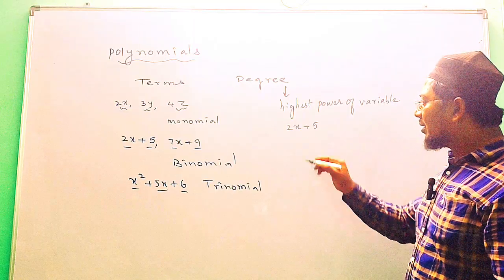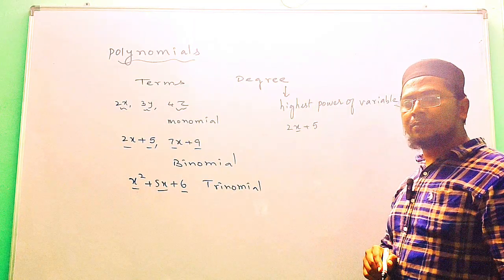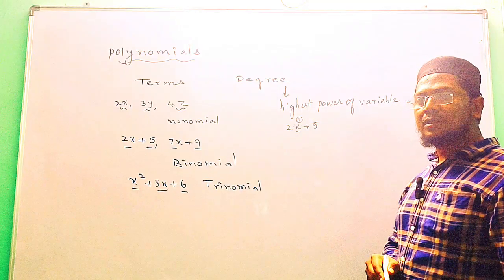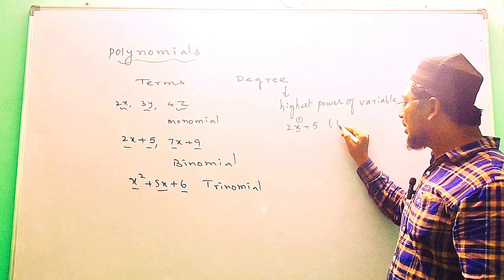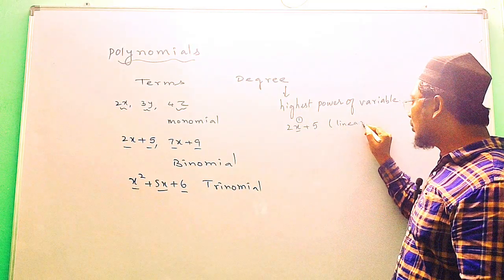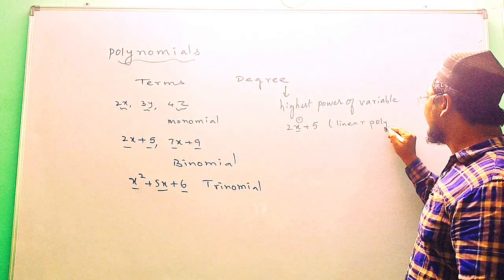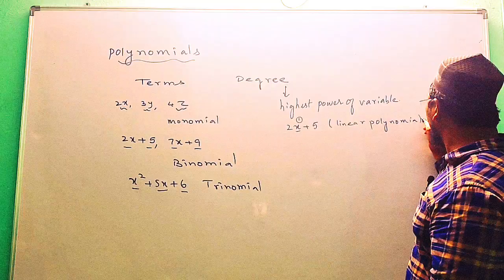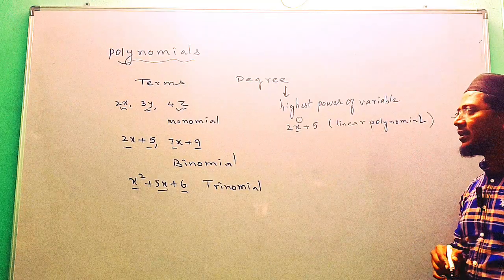What is the variable? x is a variable. So what is the power of x? There is no number, which means the power is 1. If the power is 1, this is known as a linear polynomial. A polynomial of degree 1.